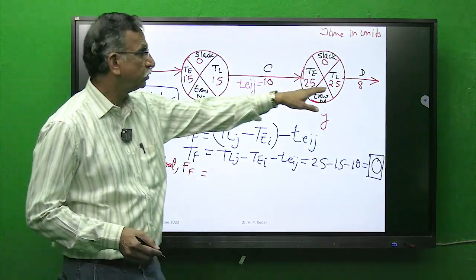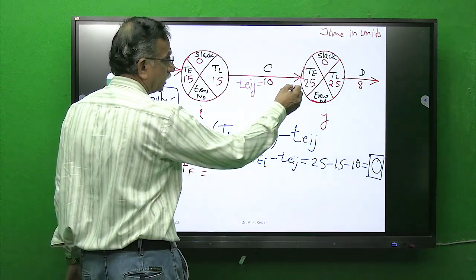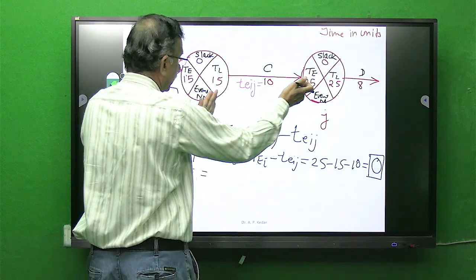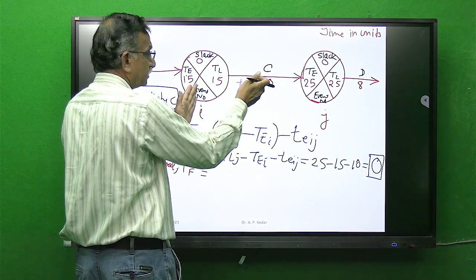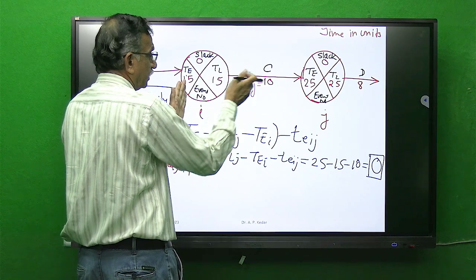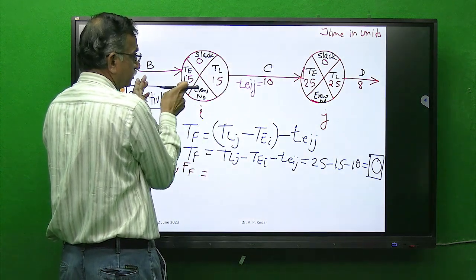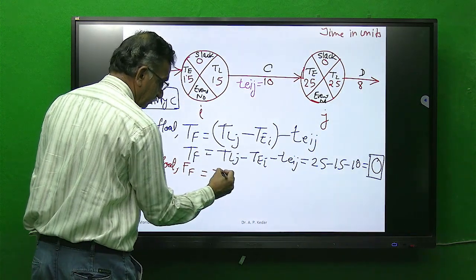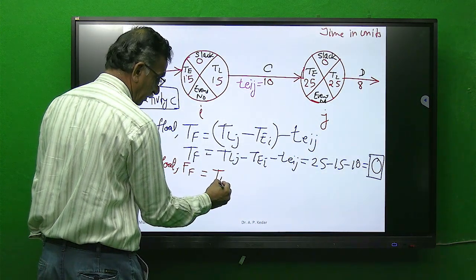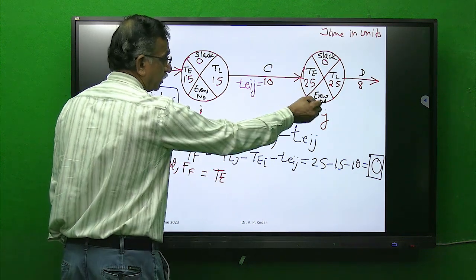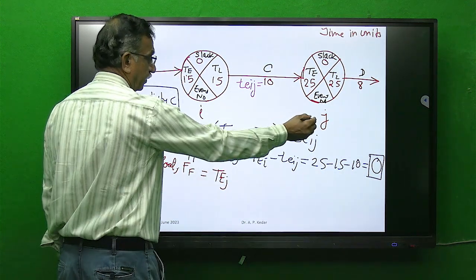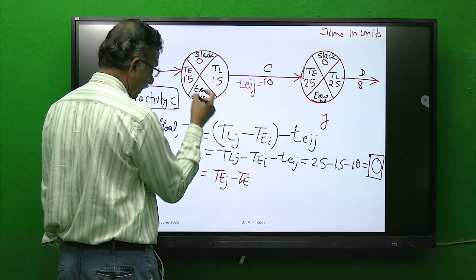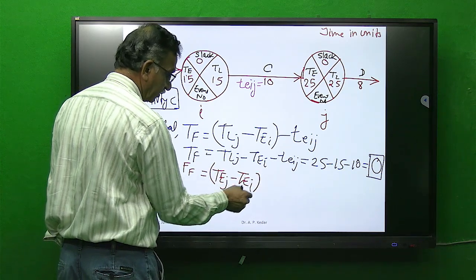So based on the assumption, the difference of earliest start time of successor and the activity under consideration, that is C. Earliest start of C is 15, earliest start of successor is 25. In technical terms it is T E of J minus T E of I. This is the gap available.